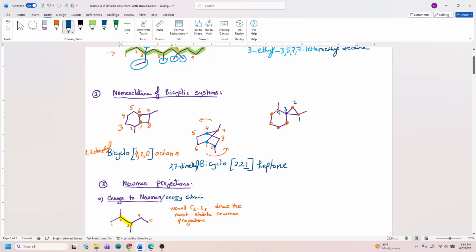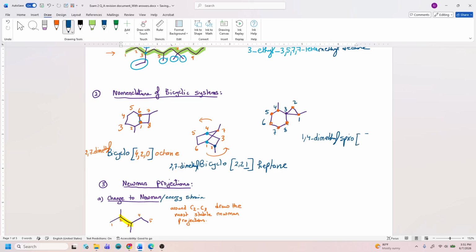And when you go into the second, just make sure to give the lowest number to the carbon that has the substituent. So see, I will go 3, 4 like this and not 3, 4 like that. So you go by 3, this is 4, this is 5, this is 6, this is 7, and this is 8. And what I have here is a 1,4-dimethyl, and it's going to be spiro.